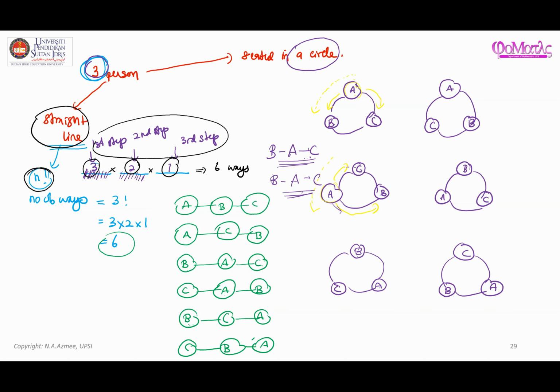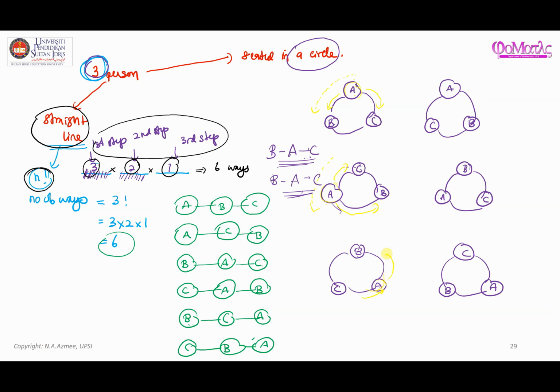The same thing with this one. Here we've got A, so from this position A is just moving to this position here.